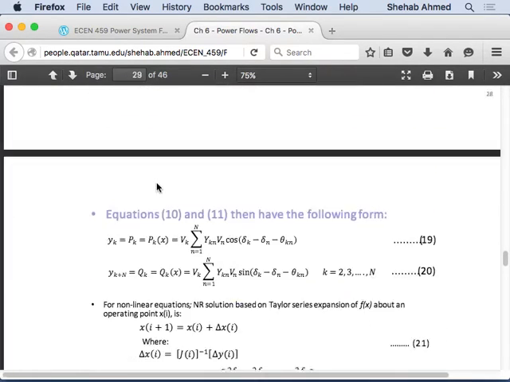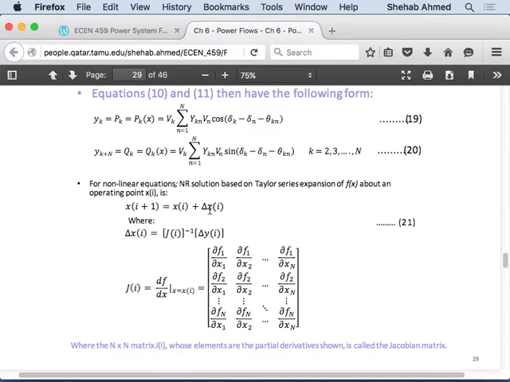So it helps us find the change in x that I need to add to my current guess of x. X of i is my current guess of the voltages and angles. The Newton-Raphson method finds this delta that I need to add or subtract, depending on whether it's negative, to the current guess, so that you can come up with a new guess.